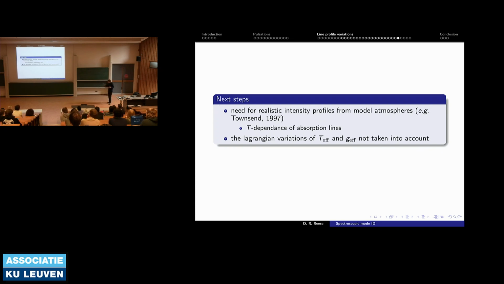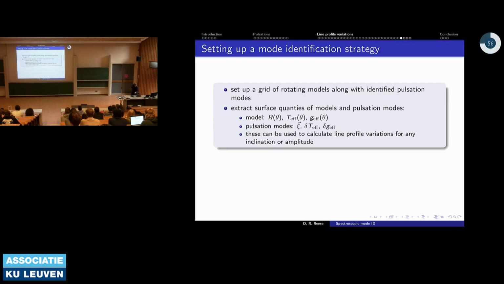And so this is bound to affect line profile variations and should be taken into account. Another thing that would be important is to start taking into account the effects of the temperature variations and gravity variations on the intensity that comes out, and see how this affects line profile variations.